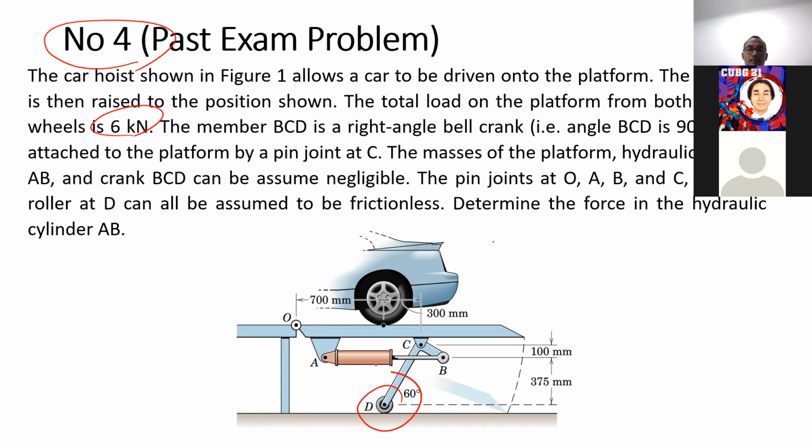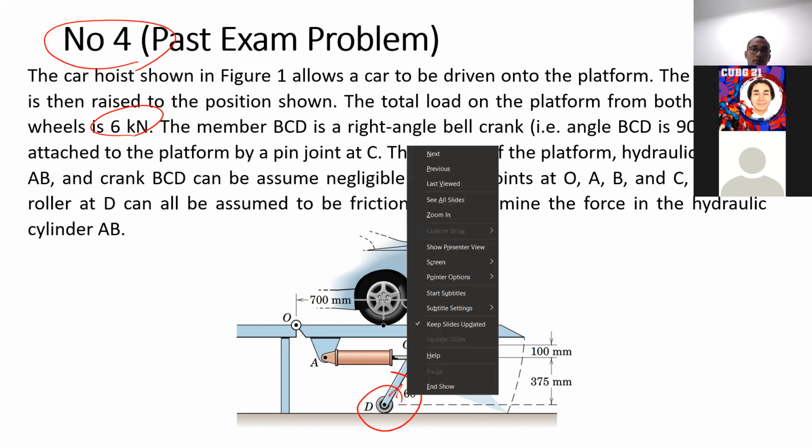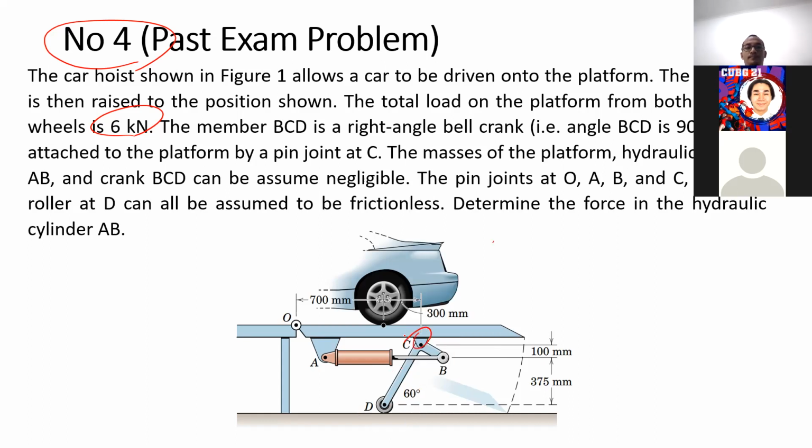Then there is a pin at C, and there is a load here, and there is a hinge at O. So actually, we can start from the one nearest to the known load, or you can start from the one in question, then try to trace what variables we have to solve first.